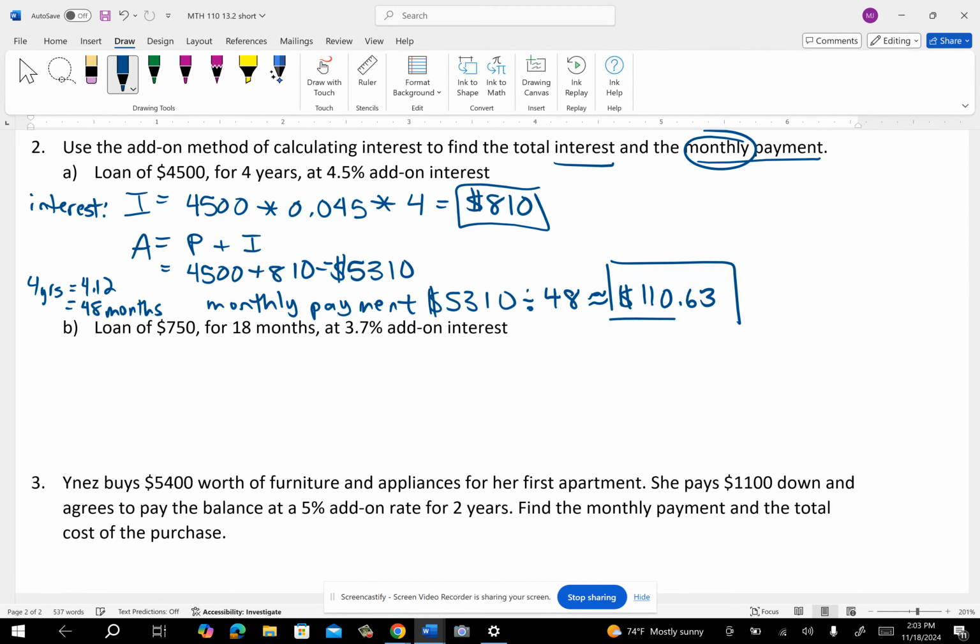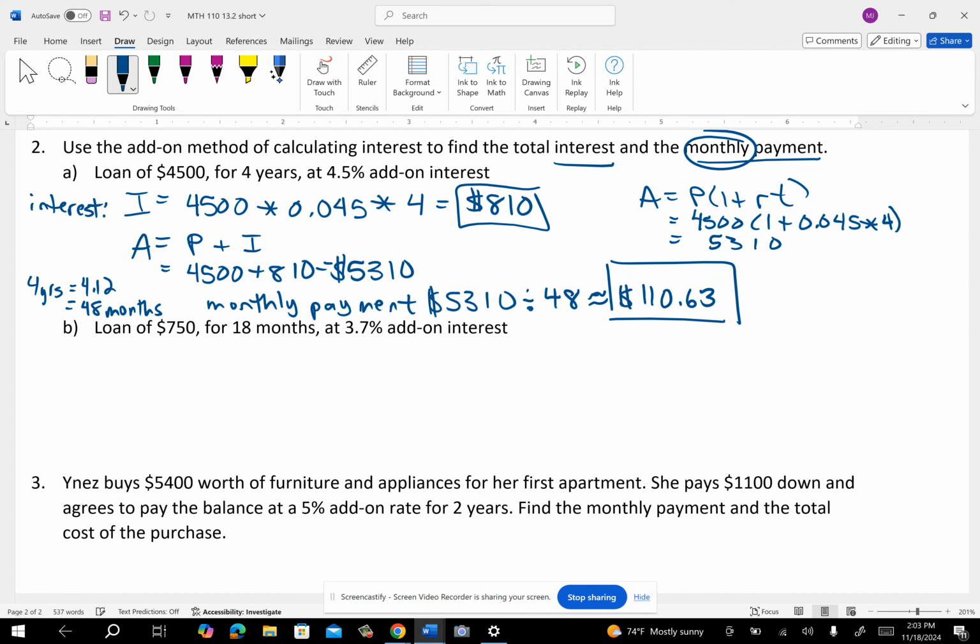Now, what I could have done is used the formula A equals the principal times 1 plus RT. I could have used that, okay, with the loan amount, the interest rate of 4.5%, and the years being 4, and I could have come up with the 5310 to start with.